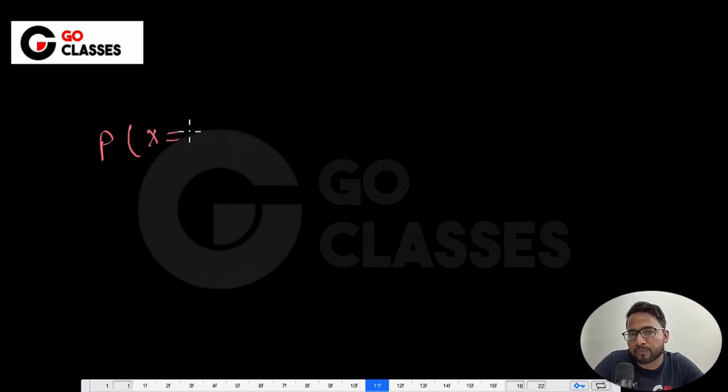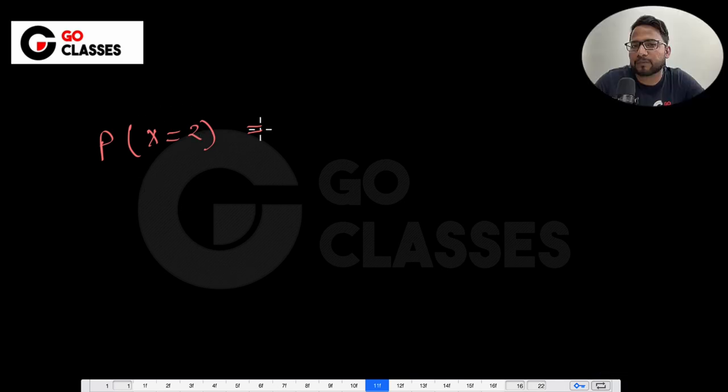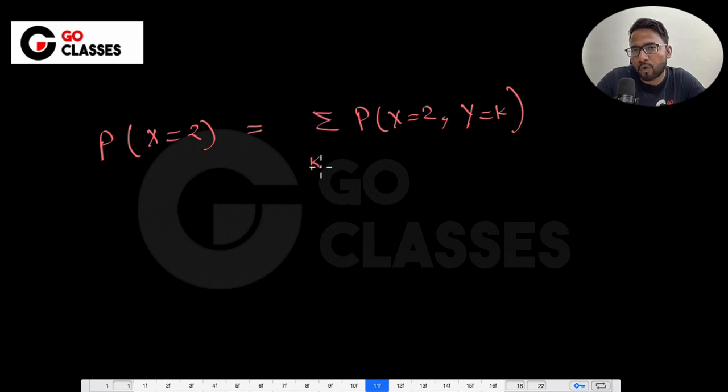Let's suppose we want to find the probability of x equal to 2, but you don't have the marginal probability. Actually, this is called the marginalized probability. But suppose you have the joint probability distribution. Then you can just marginalize, or put y equal to k, for all possible values of k equal to 1 to n or whatever. So if you want to find the probability of x equal to 2, you can plug in the extra variable that you have.